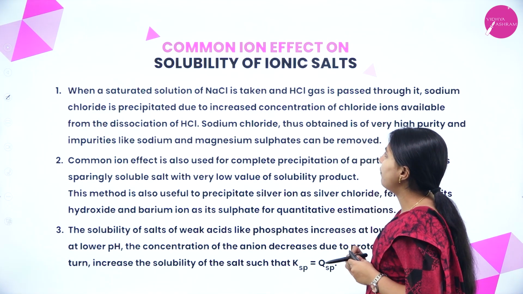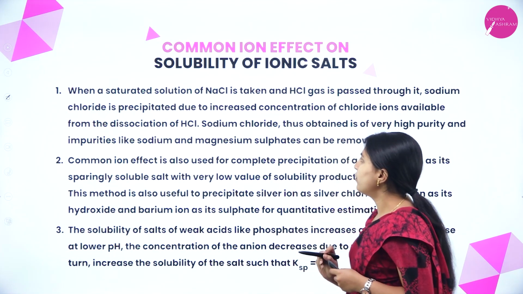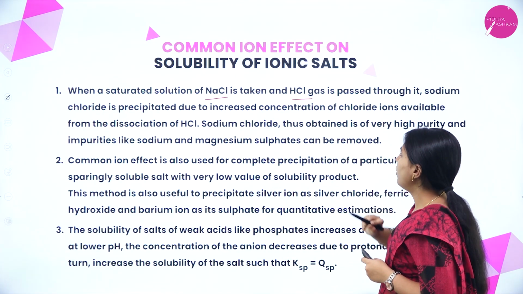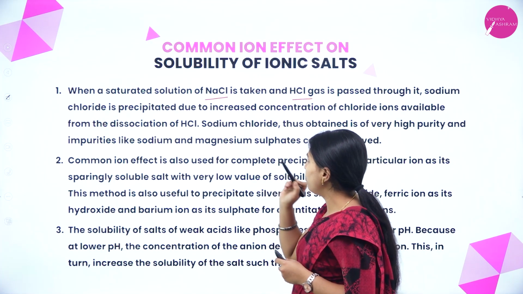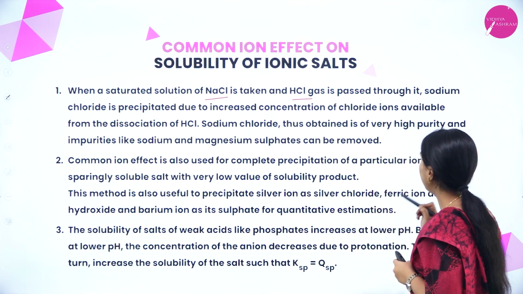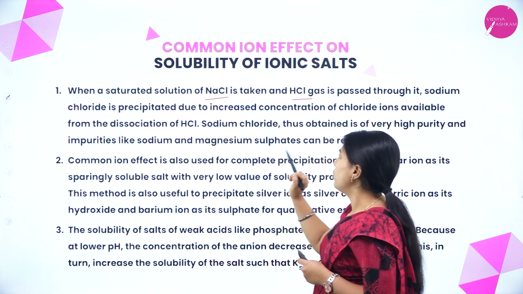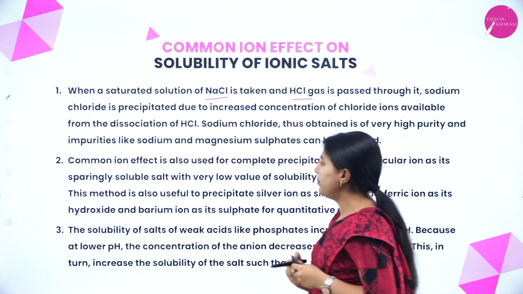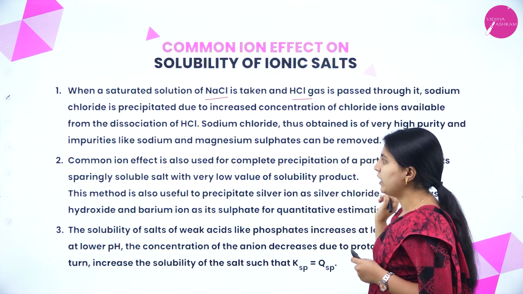Next, common ion effect on solubility of ionic salts. When a saturated solution of sodium chloride is taken and hydrogen chloride gas is passed through it, sodium chloride is precipitated due to the increased concentration of chloride ions available from the dissociation of HCl. Sodium chloride thus obtained is of very high purity, and impurities like sodium and magnesium sulfates can be removed.